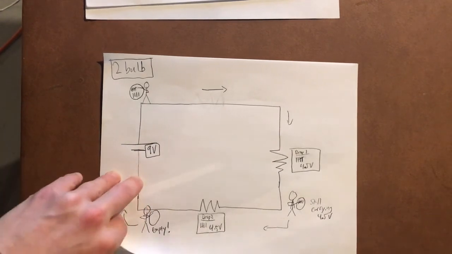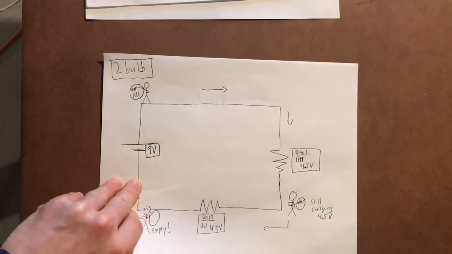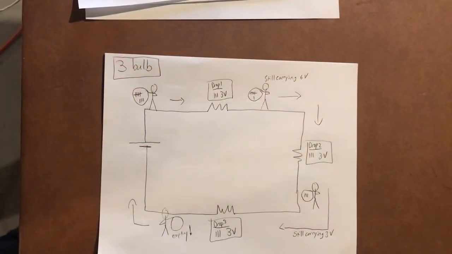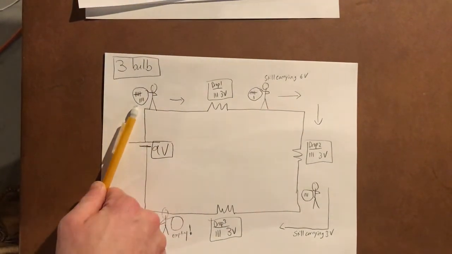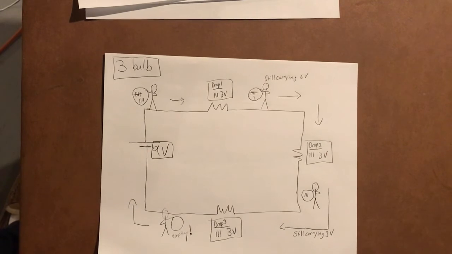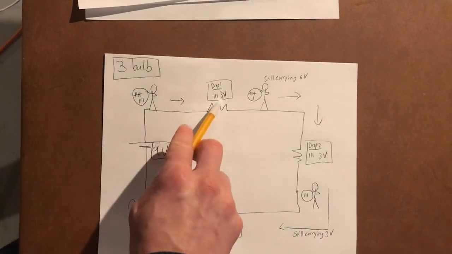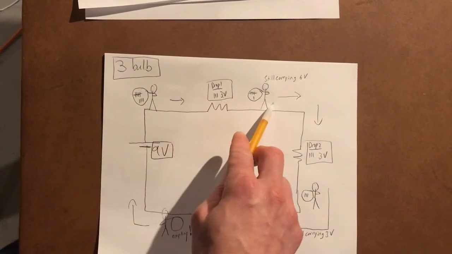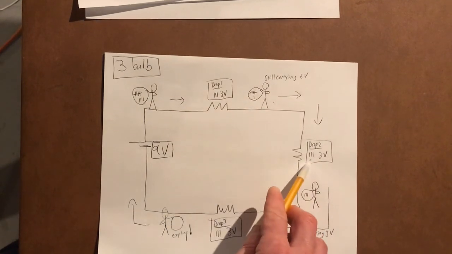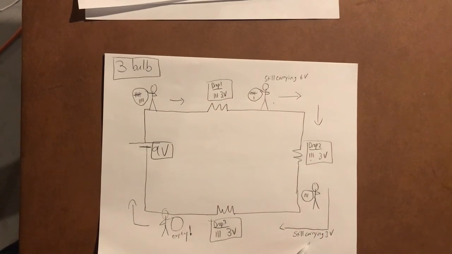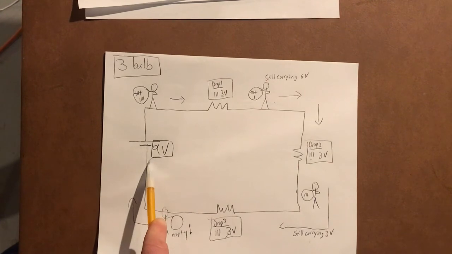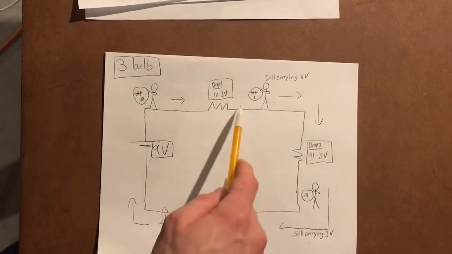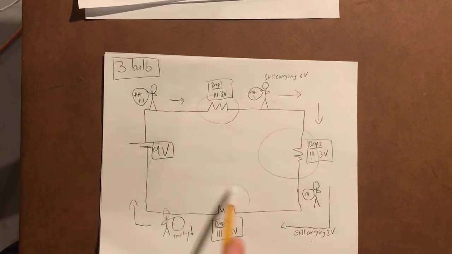You could imagine with 3 bulbs what might happen now. Again, a 9-volt battery, and it starts off with 9 pretzels in its backpack. But you can see the drops are going to split up 3, still holding 6 then. Drop 3 more, now still carrying 3, and finally drops the last 3 volts and goes back empty-handed. So if it picked up 9 at the battery, it has to drop off all 9, but now it has 3 bulbs to do it at.